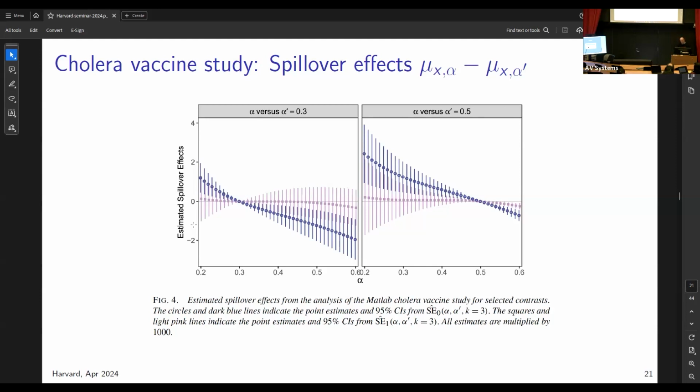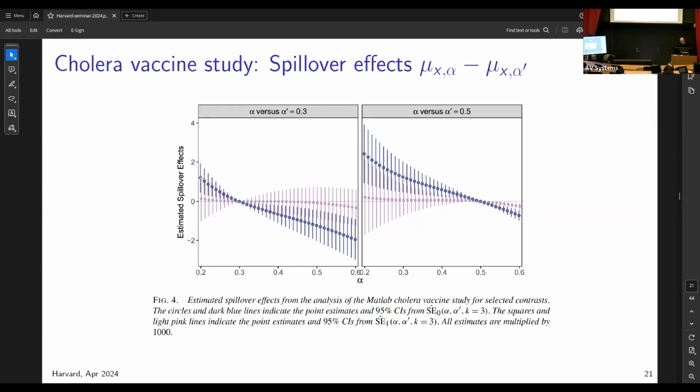The upshot of these results is a very similar take-home message. What we're looking at here are spillover effects. The blue lines and points correspond to if you're unvaccinated.